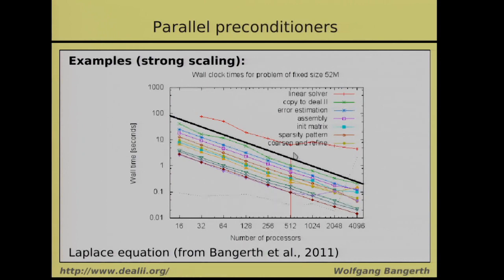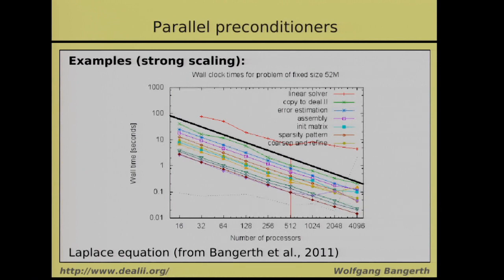This red line here indicates 100,000 elements per processor. So what you see is that when I go beyond that point, I don't quite get the optimum speedup anymore. That's a common observation: if you have less than 100,000 unknowns per processor, over here, you lose scalability.